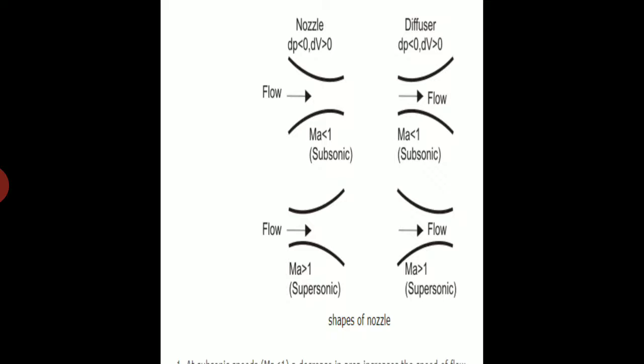So Mach number is less than 1, so it is called subsonic. If Mach number is greater than 1, it is called supersonic. Then what is this Mach number? Mach number is the ratio of the speed of the body to the speed of sound in the surrounding medium.